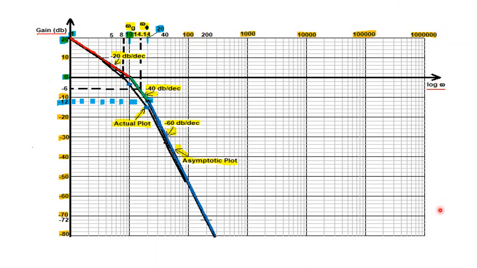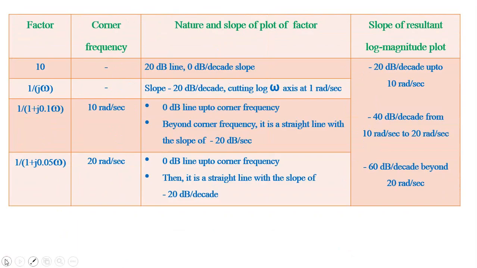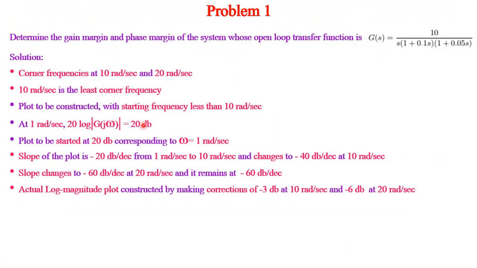After understanding this semilog sheet, we should know how to take the scale for it. We have already seen we should start the plot from 20 dB.